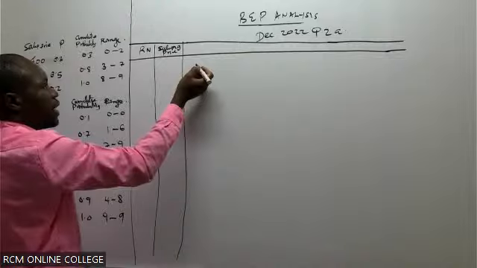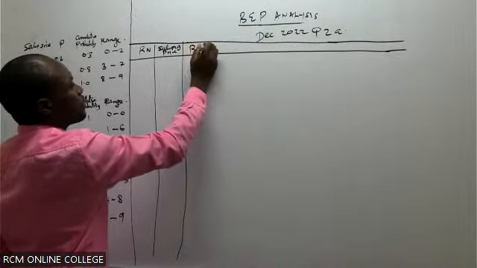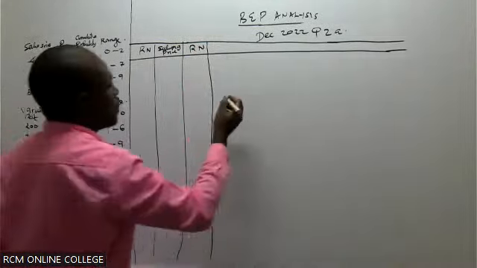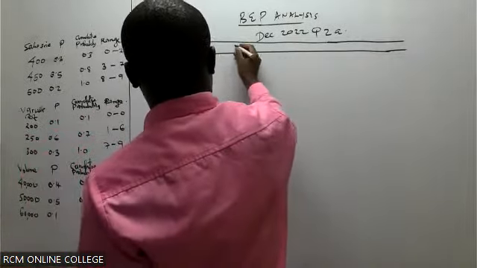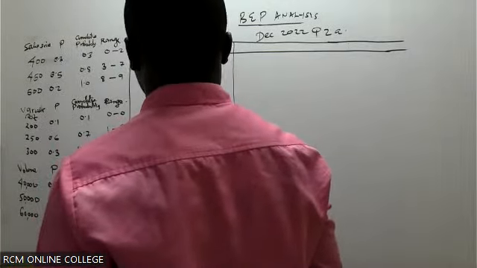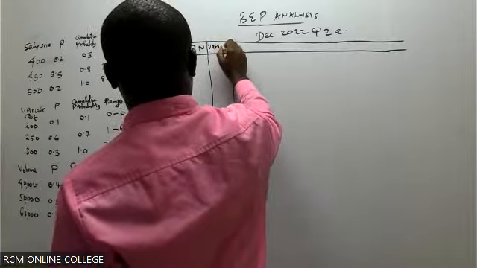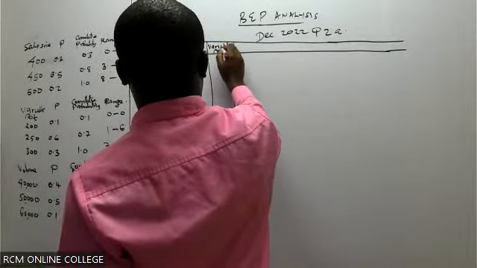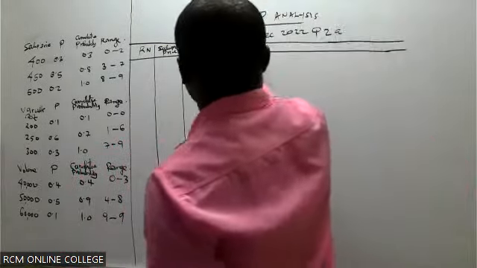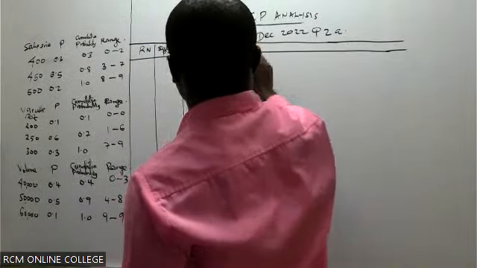So variable cost again is a changing item. So I need to come here and bring in the random numbers for the variable cost for me to be able to get the variable cost. Is it? So once I have the variable cost, I will come here and get contribution margin.